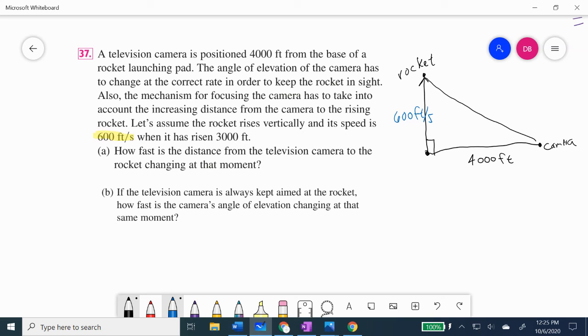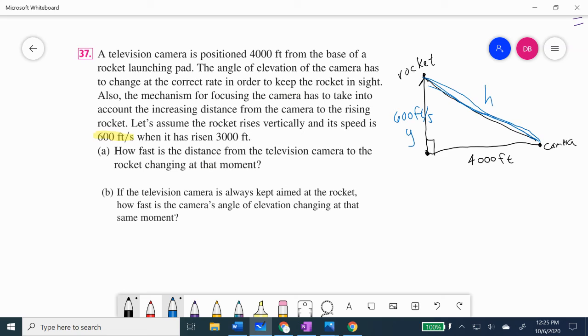And we are being asked to find in part A, how fast is the distance from the television camera to the rocket changing? So that's going to be this hypotenuse. We want to find the rate of change of that hypotenuse. So how about we call that h for hypotenuse, and we'll call this changing vertical distance y because it's vertical.